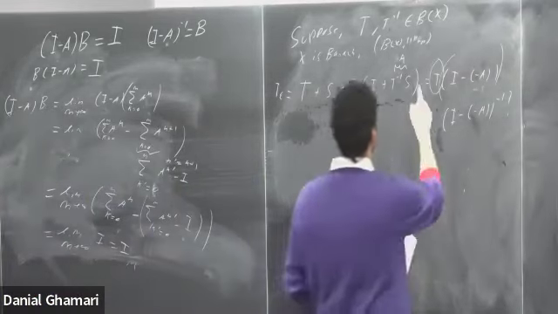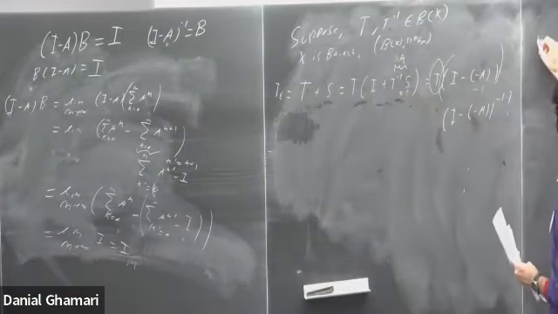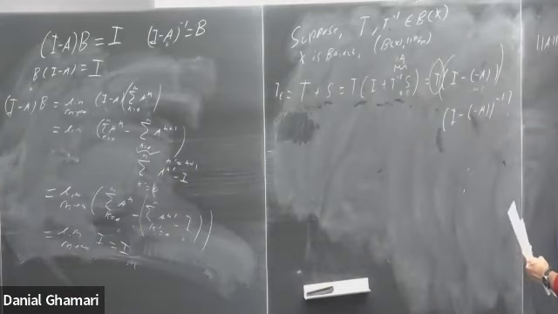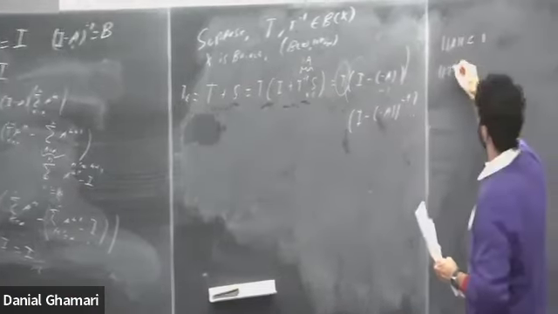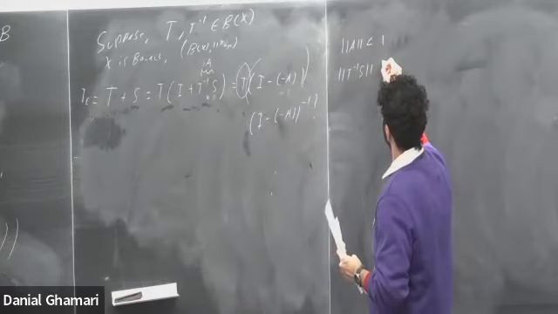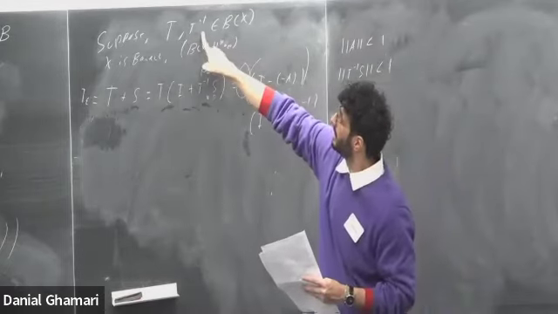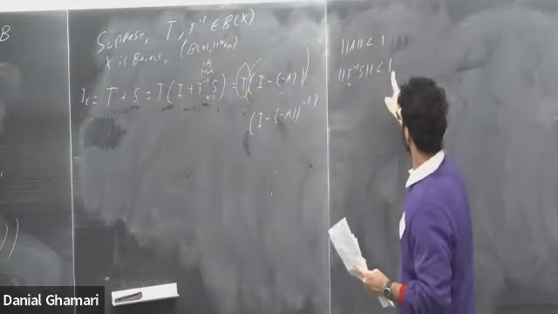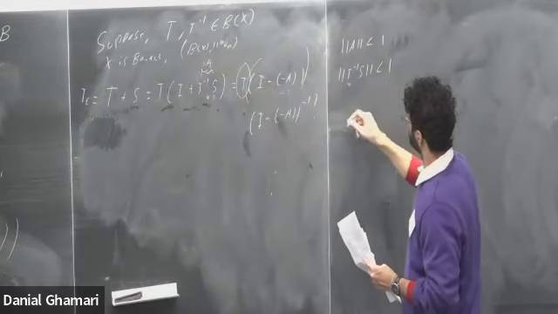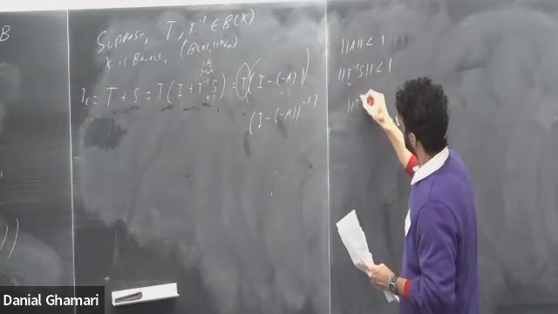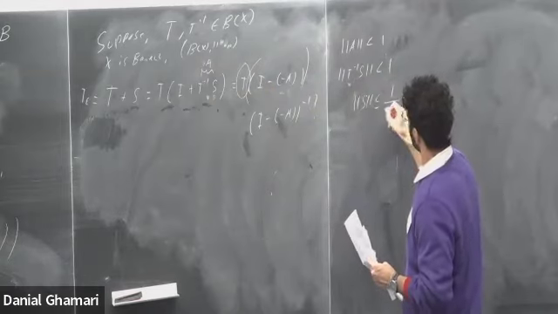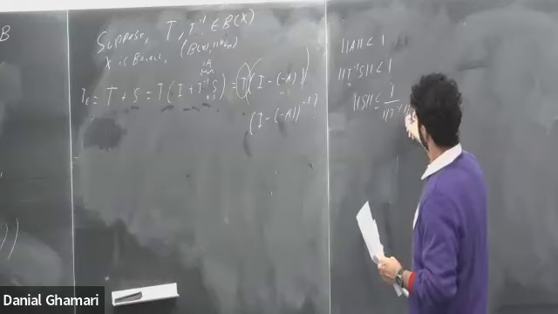Here I've defined A to be T inverse S. So if I want the norm of A to be less than 1, I need the norm of T inverse S to be less than 1. Since I've assumed T inverse is bounded, a sufficient condition for this to be true is that the norm of S is less than 1 over the norm of T inverse.